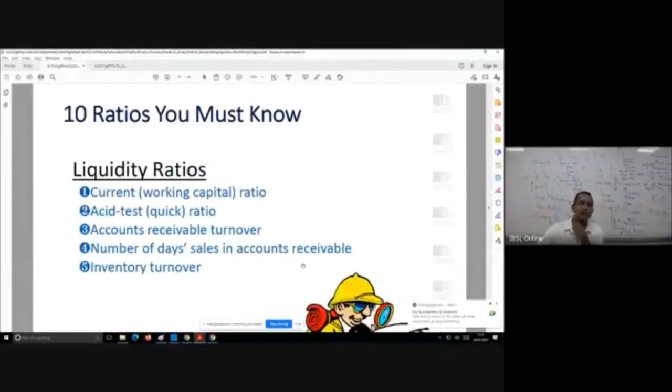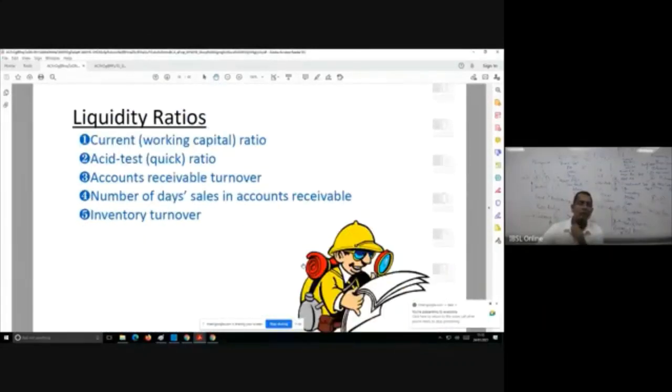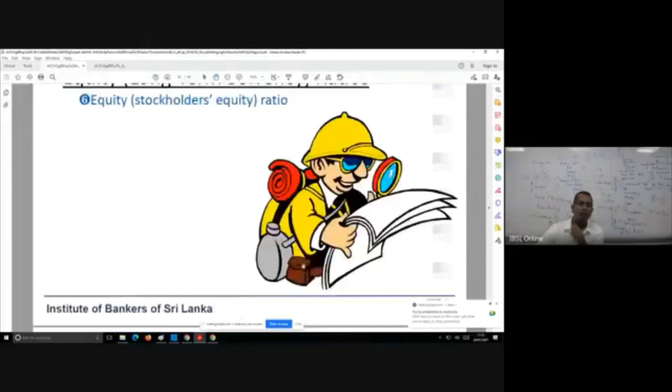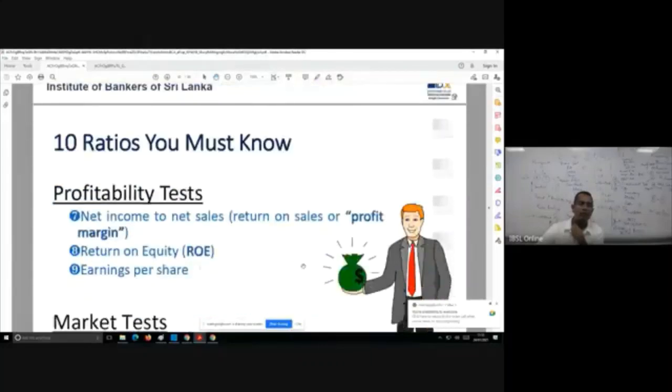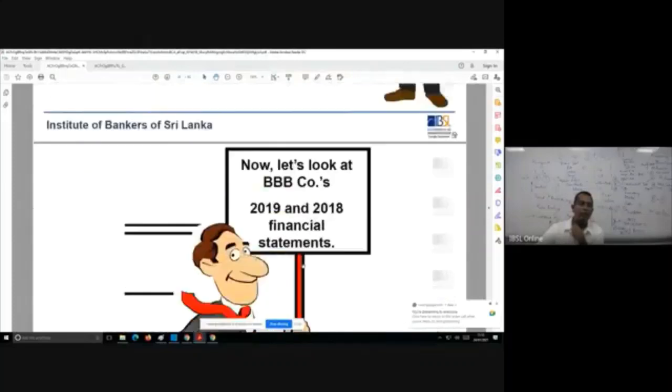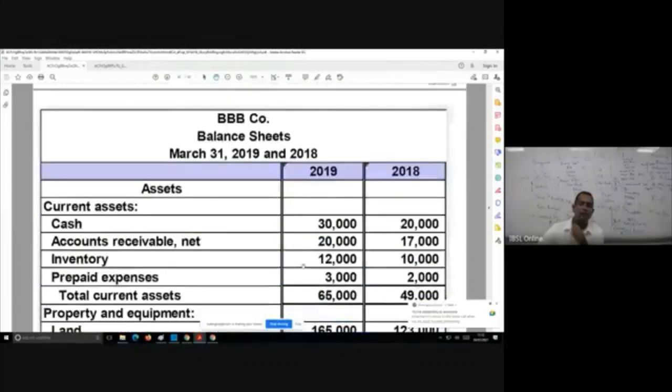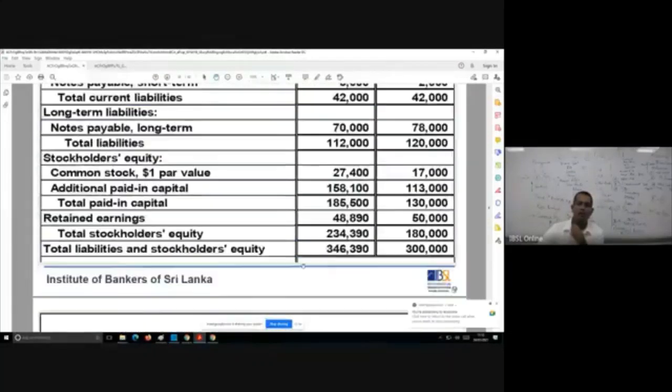These are the 10 ratios we will be working out now. So we will work out these figures.